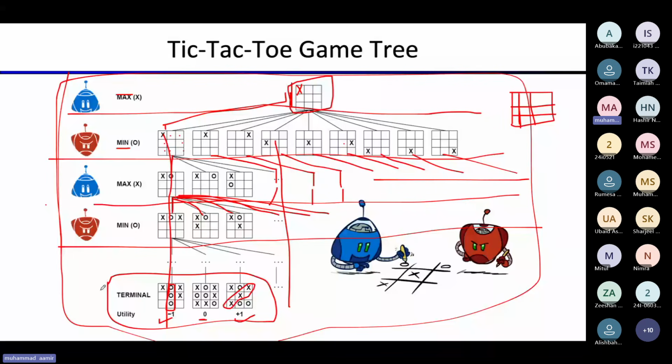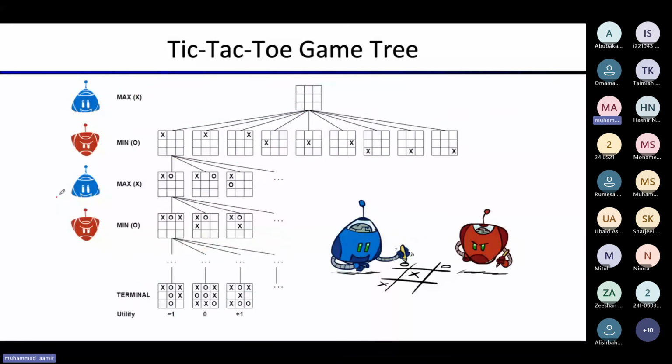And interestingly, if the game is completely solved and both players know the complete solution of the game, the output of that game every time will be a tie, because each player will try to take the most optimal move. Even in this tic-tac-toe game, imagine the game is completely solved. Both players, Max and Min, know the complete solution of tic-tac-toe.